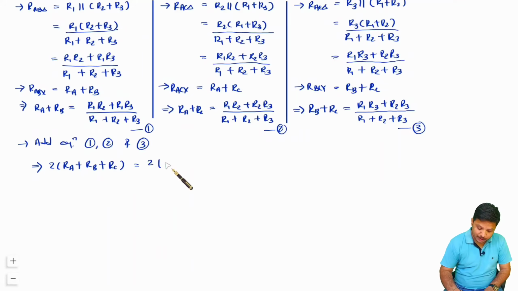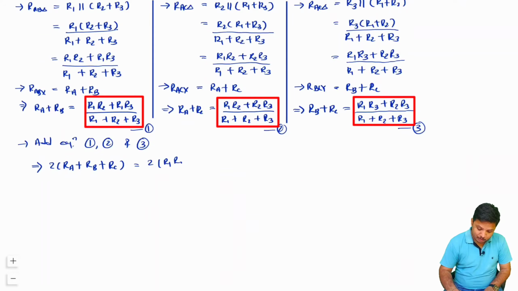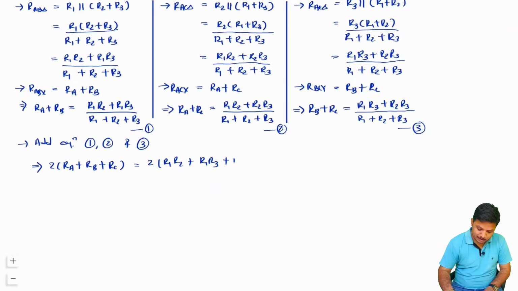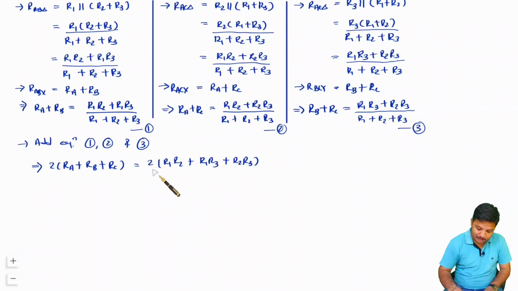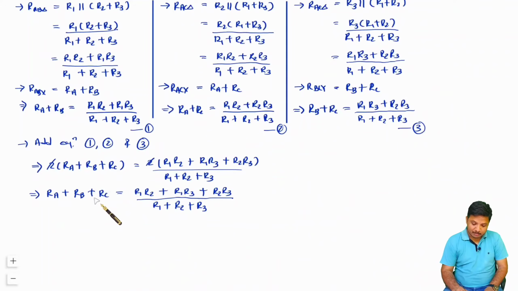So I can say 2 into R1 R2 plus R1 R3 plus R2 R3, and R1 plus R2 plus R3 is common in the denominator. So this 2 will get cancelled and we will have RA plus RB plus RC equals R1 R2 plus R1 R3 plus R2 R3 divided by R1 plus R2 plus R3. Let us say this is equation 4.